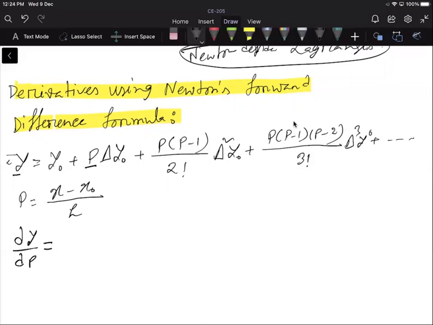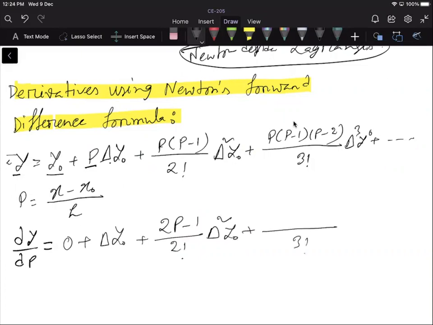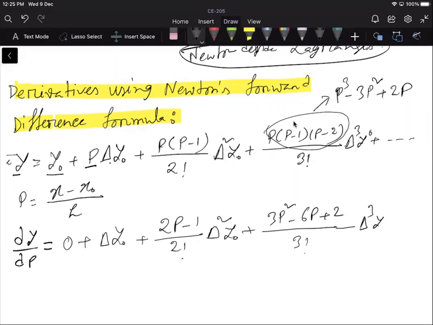In this case, for dy/dp, y0 is a constant term, so its derivative is 0. Then p Δy0 gives Δy0, since dp/dp is 1. Then breaking the terms into a suitable form, p² − p gives (2p − 1)/2! Δ²y0, and for the 3! term, p³ − 3p² + 2p gives 3p² − 6p + 2 after differentiating, times Δ³y0.